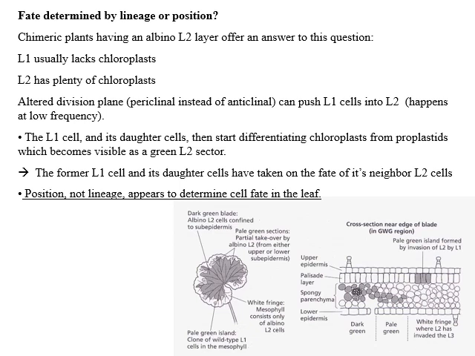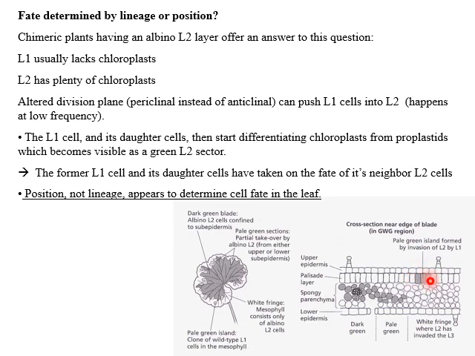Okay, so the conclusion of that experiment is that although the cell divisions occur typically in an anticlinal fashion and the daughter cells stay in the same layer, the cell fate is actually determined by position.